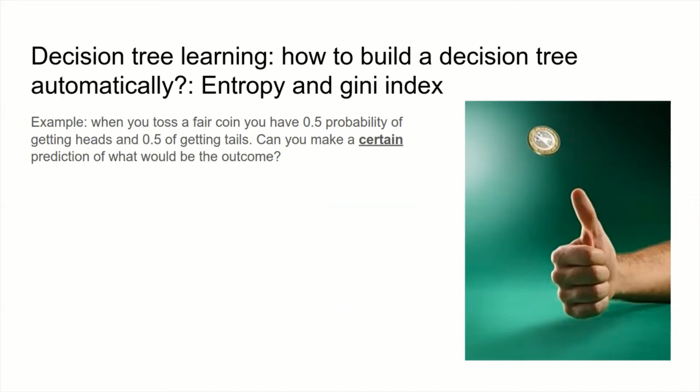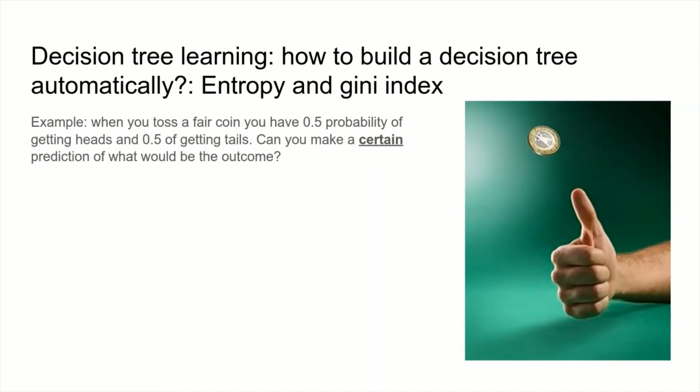So I want you to imagine that you've got a coin, and it's a fair coin. A fair coin means that you've got 50% probability that you're going to obtain one outcome, and 50% probability that you're going to obtain the other outcome. There are only 2 possible outcomes. The possible outcomes are heads or tails.